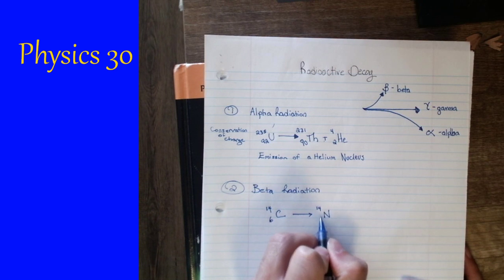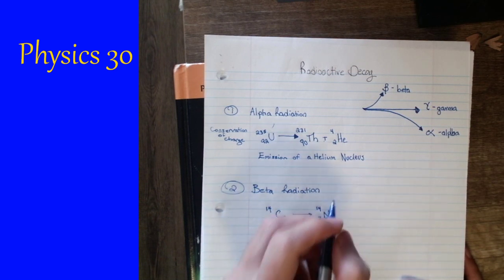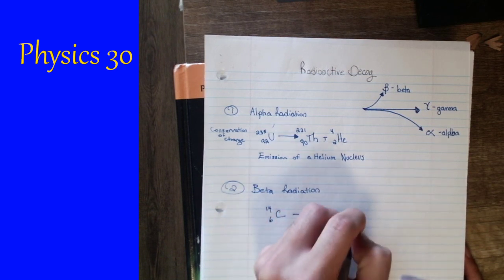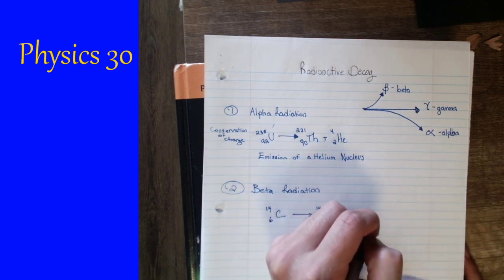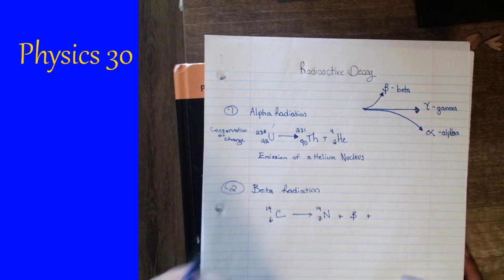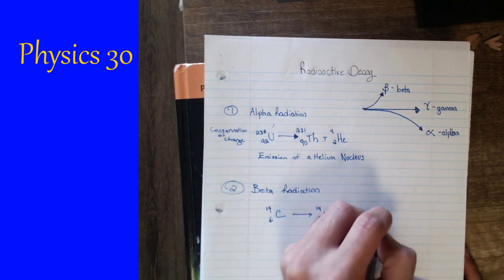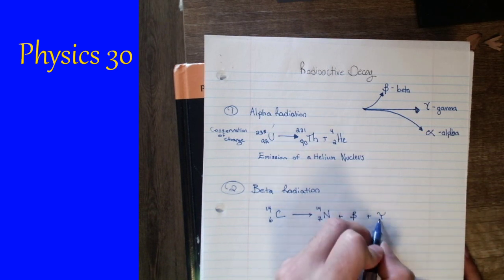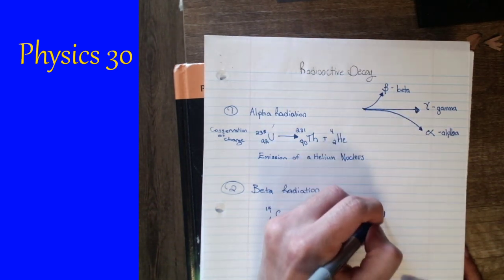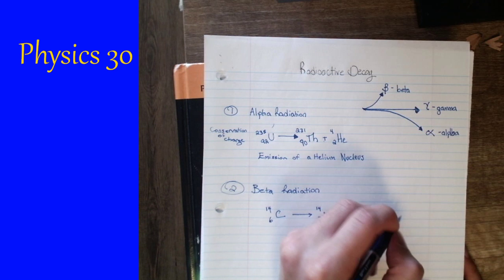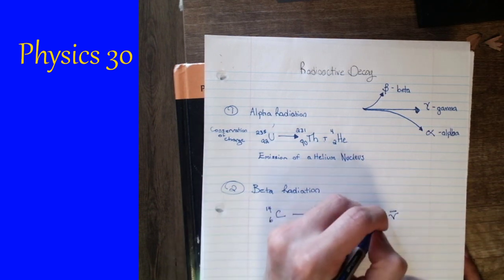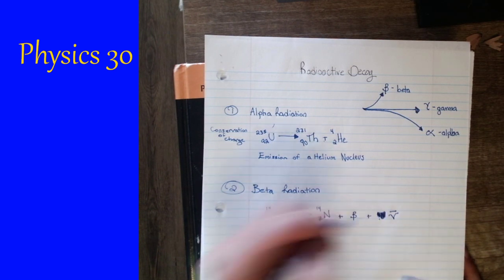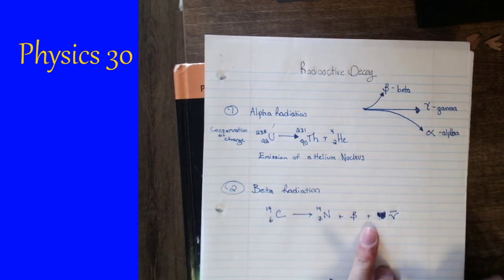Nitrogen-14, 7, plus that beta particle, plus this other one. I just have to actually draw this a little better. There, with a little bar overhead. Okay, so this is beta decay.